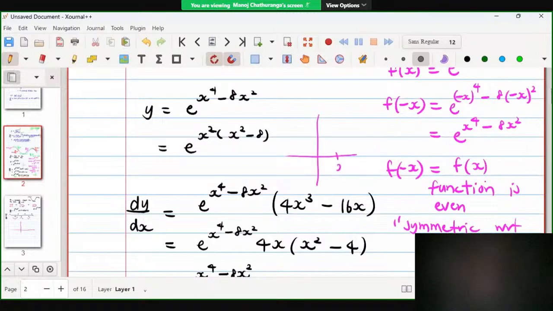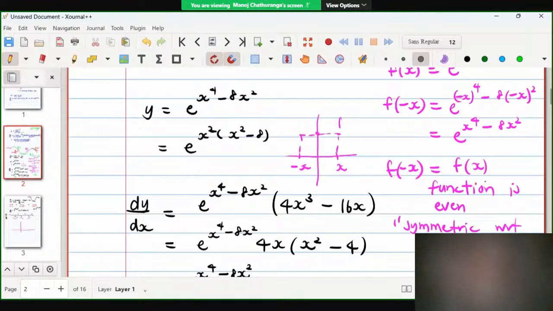If you have the function value at x and the function value at negative x, both are the same. The common value is this y value. So the graph is symmetric about the y-axis. We are going to use that symmetry as well.